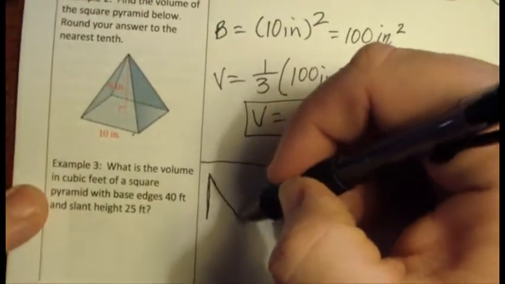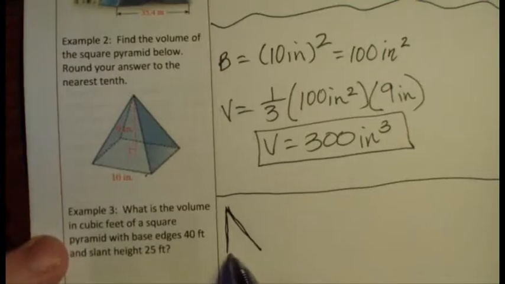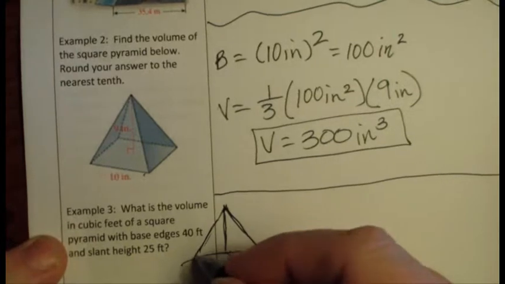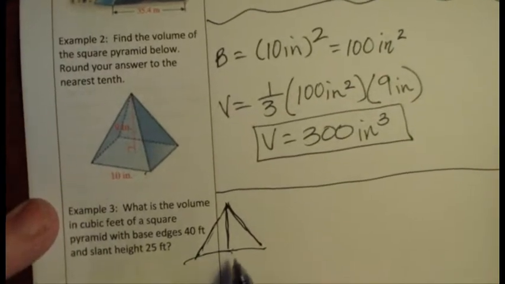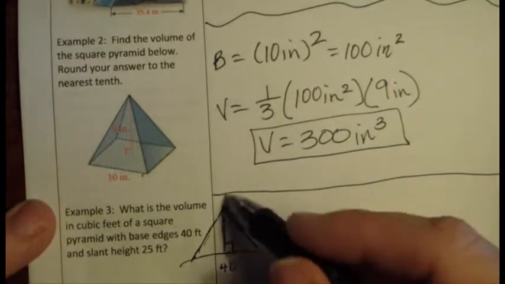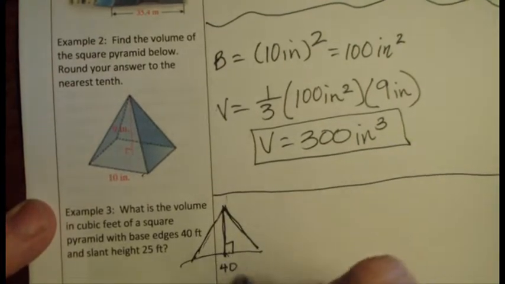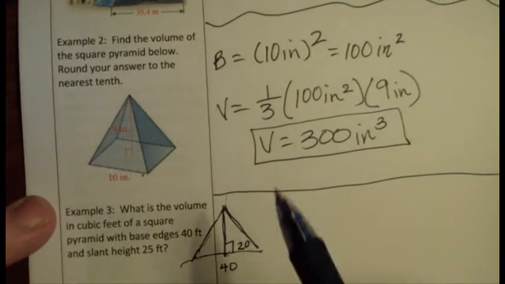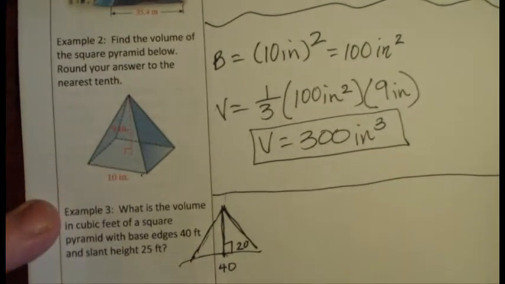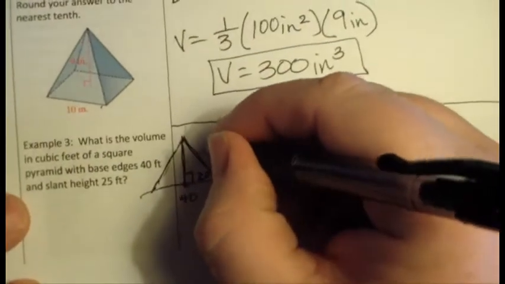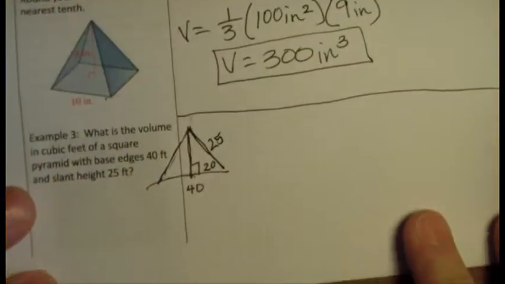So if we look at a cross section of our pyramid, our base is 40, so our height is going to go halfway between, so that part's 20. And we know the slant height is 25, so that's our hypotenuse.